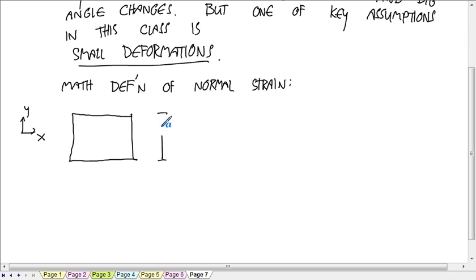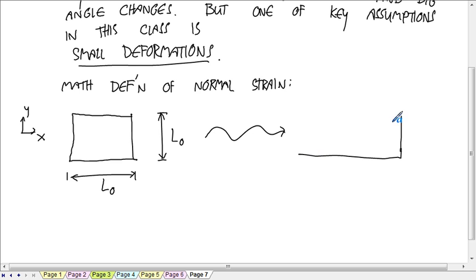Let's say this length is capital L0, and it's a cube, so this one will also be L0. After the deformation, you have different values. Again, I'm drawing these to look like big deformations, but we're not going to deal with materials and loading where that happens. After the deformation, you have a value Ly on this side and a value Lx on this side.